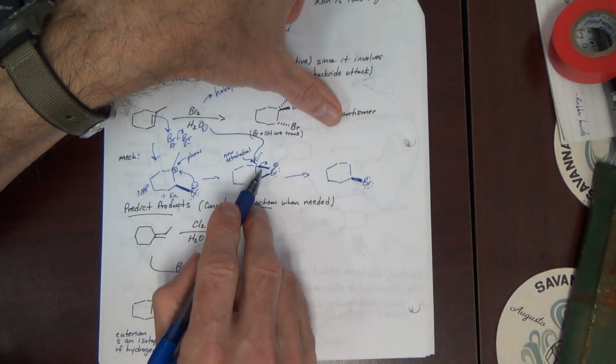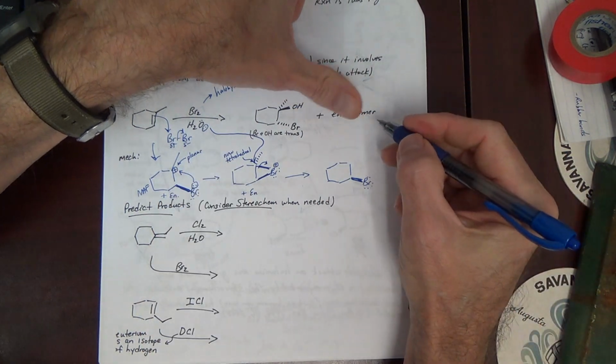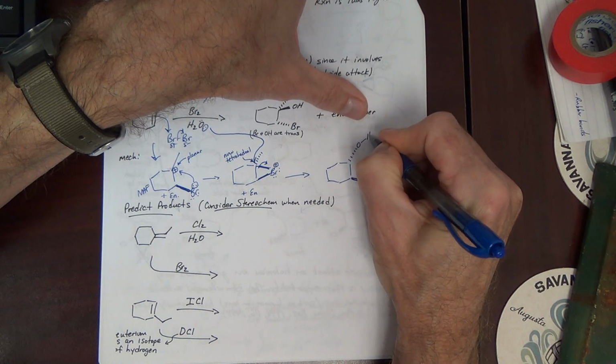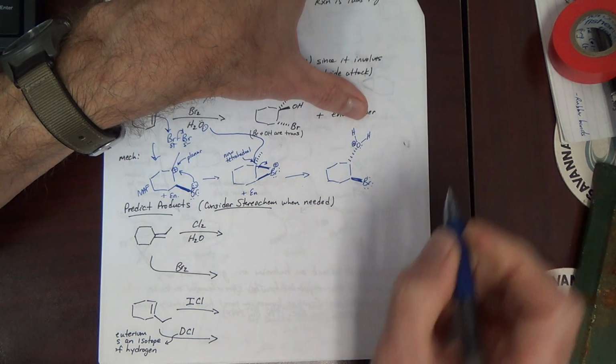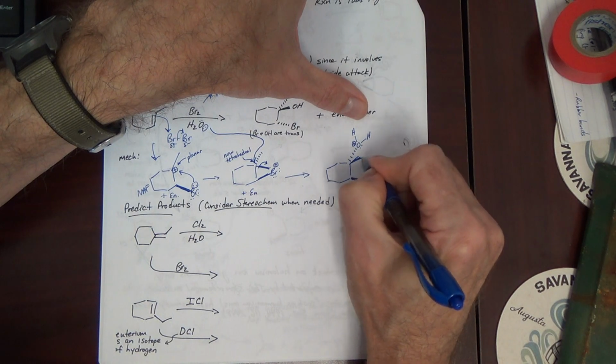The water came in backside, the bond was up, so the water comes in back, and so this is going to be like this to water. One lone pair remaining, positive charge. Importantly, this methyl group gets pushed forward.